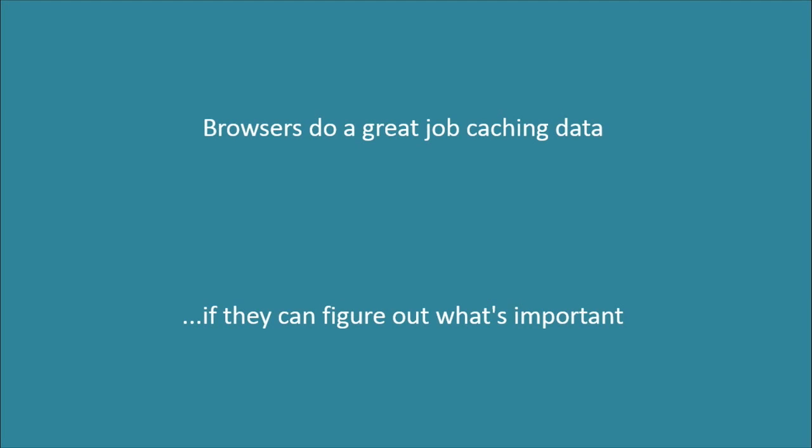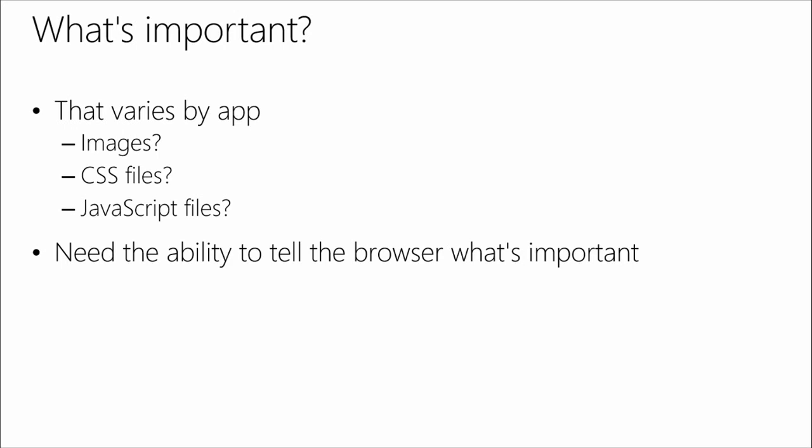Browsers do a good job. But the problem is they don't always know what it is that's important. Just because a file is big doesn't necessarily mean it's important. Just because a file is accessed an awful lot doesn't necessarily mean that it's important. What's important? Well, it's going to vary. It depends on what you're doing.